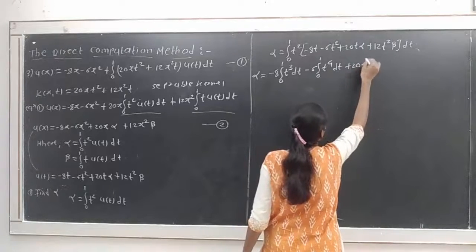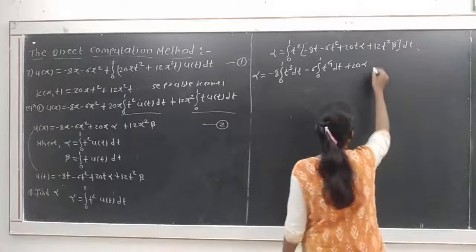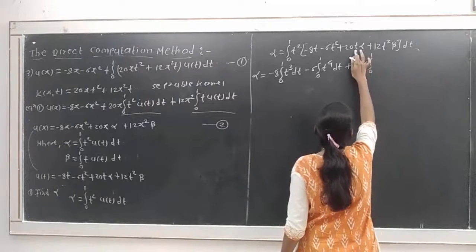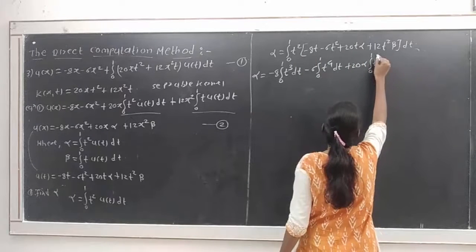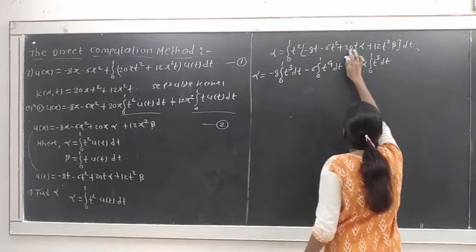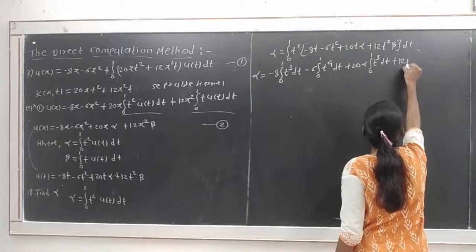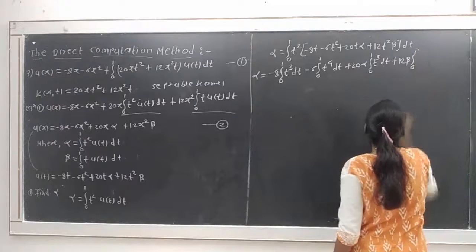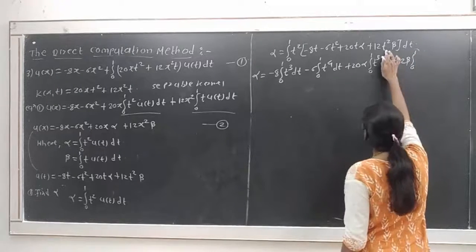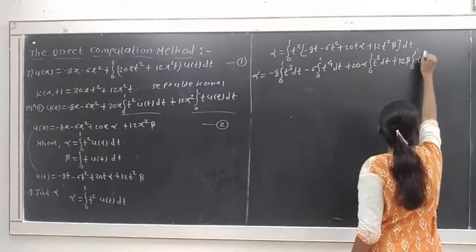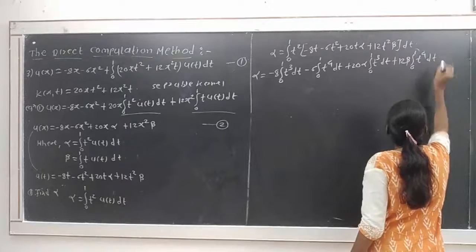Plus again 20 into alpha will be constant. We take outside integration from 0 to 1 of t into t square will be t cube dt. Plus 12 beta constant. Take outside integration from 0 to 1 of t square into t square becomes t raised to 4 dt.